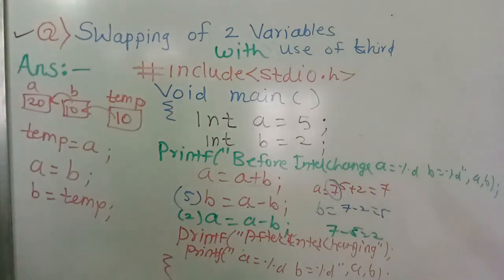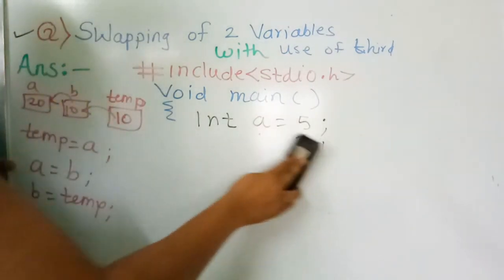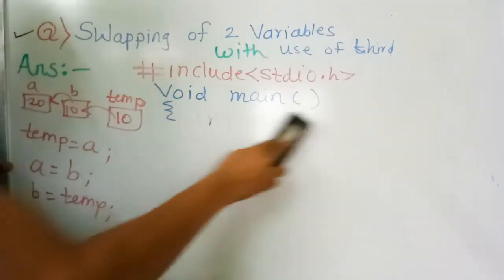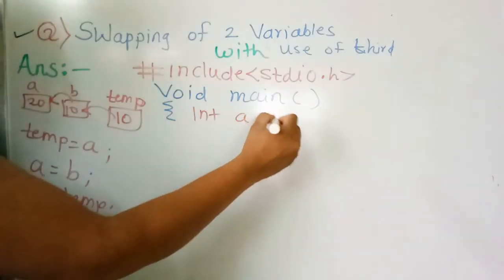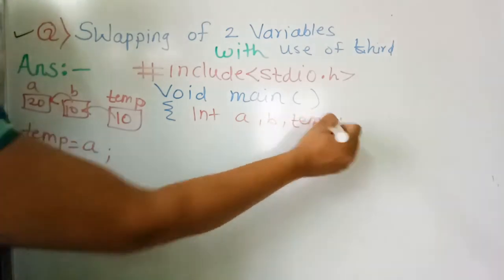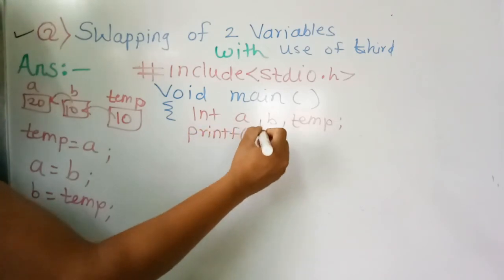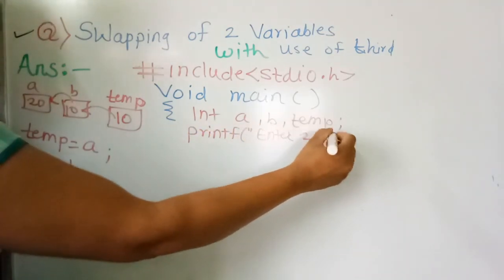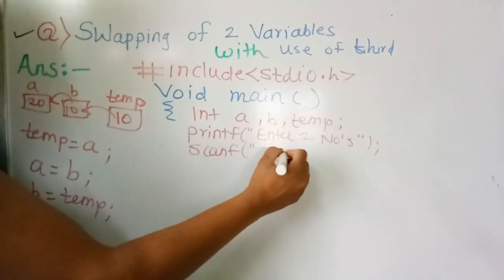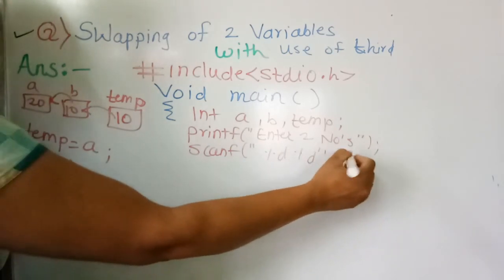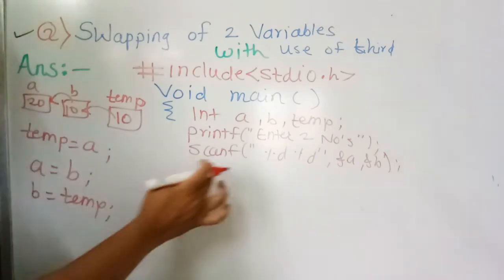So we will apply this in programming terms. We will accept two values, that is A and B, and one variable known as temp. Now we will accept these values from the user: enter two numbers, scanf %d %d, ampersand A, ampersand B. Now apply these steps here.